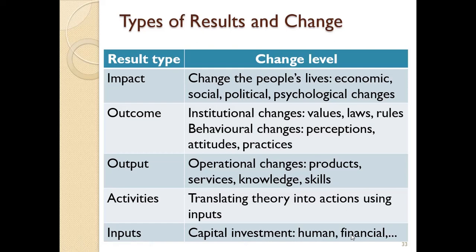So evaluation could check whether such were available or not, to be able to influence other results or activities. Then you have activities, translating theory into action. Then you have outputs, which are operational changes, for instance, the boreholes I was talking about, products, services, or knowledge and skills.